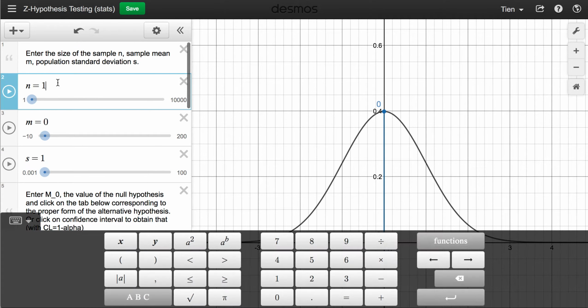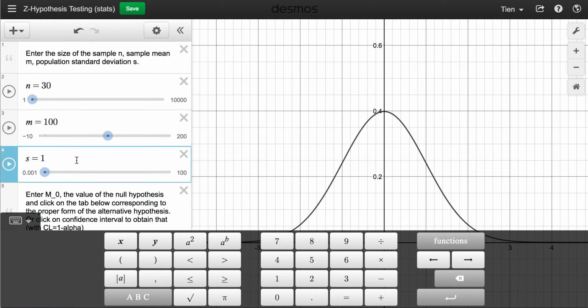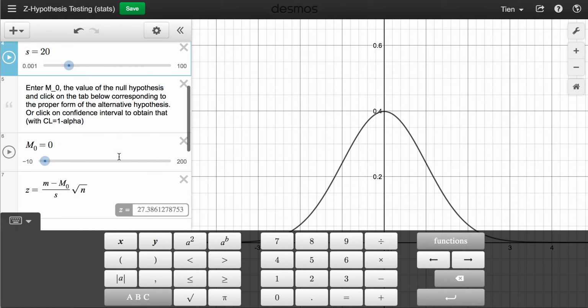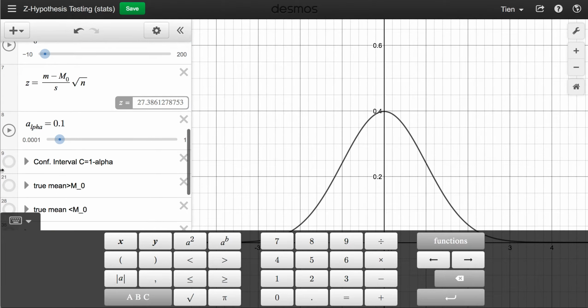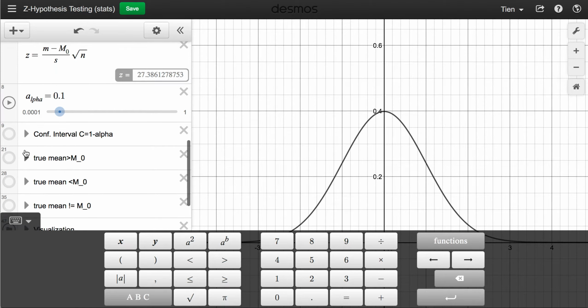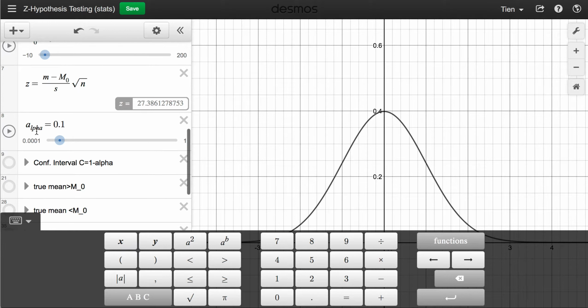And so let's make some stuff up. Let's say our sample size is 30. Let's say the mean of our sample was 100 for now. Let's say the standard deviation of our population is 20, say. And then down here, there's a tab for computing the confidence interval. We have our alpha here for acceptable level of significance.